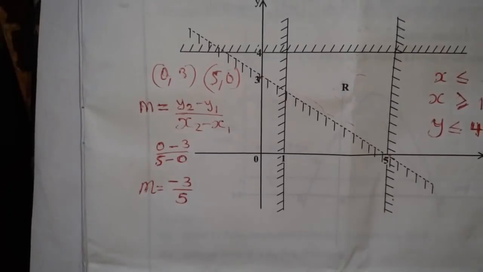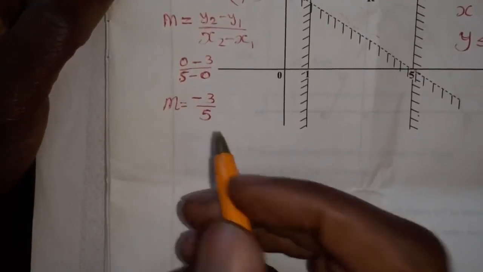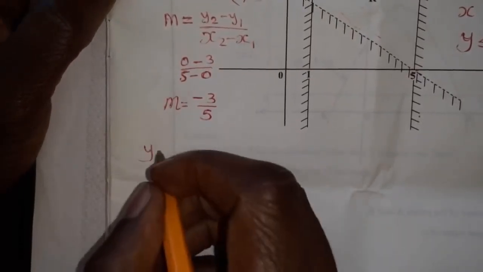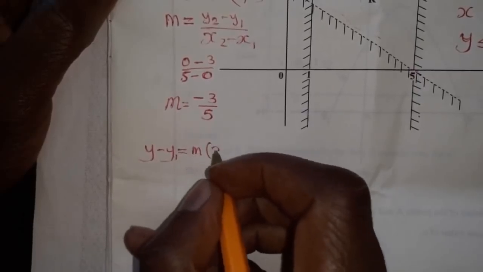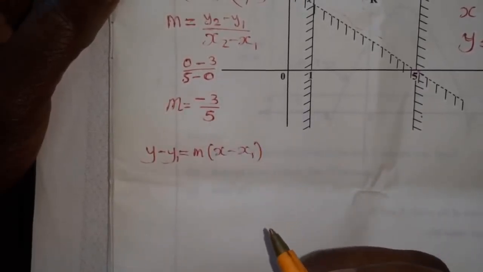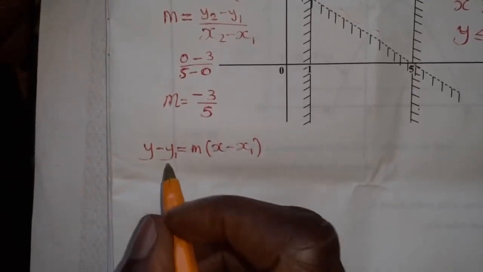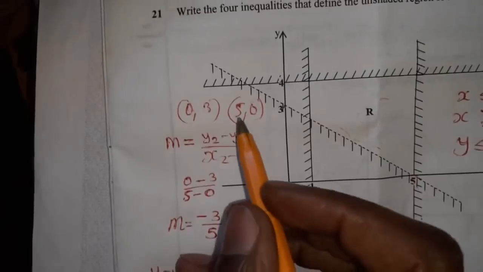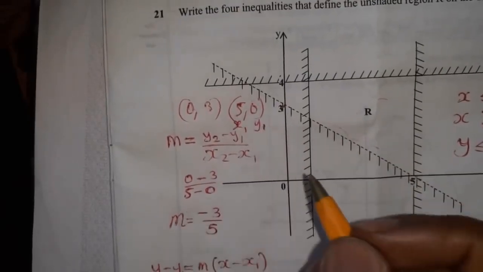After we have the gradient, now we can write the equation. We can take this as our x1, this as our y1.